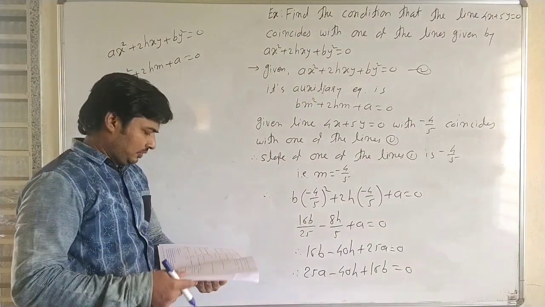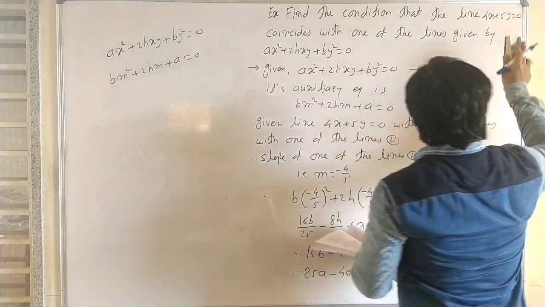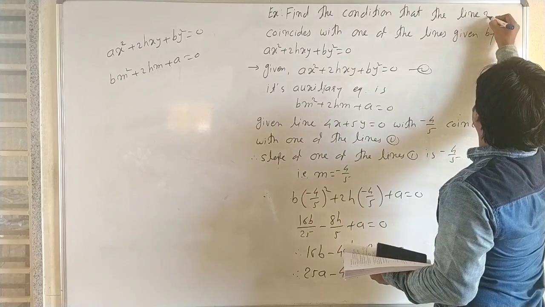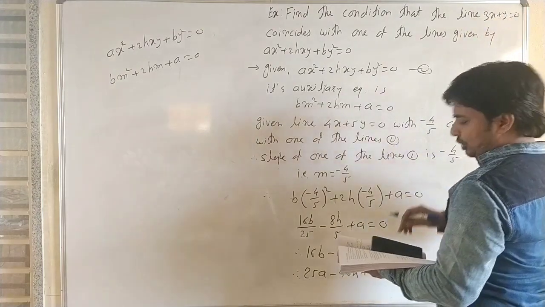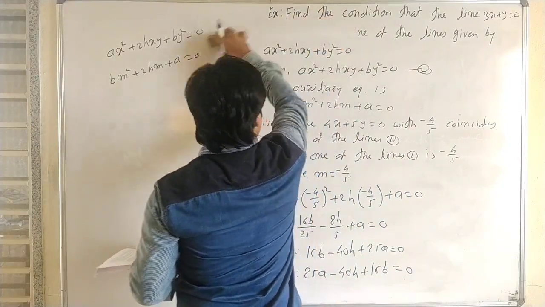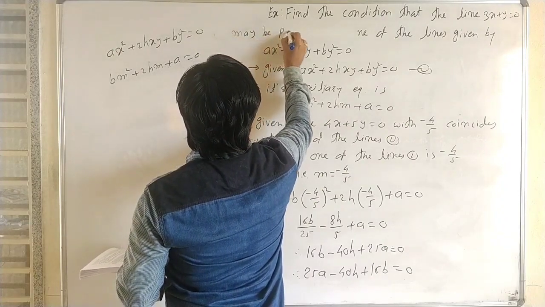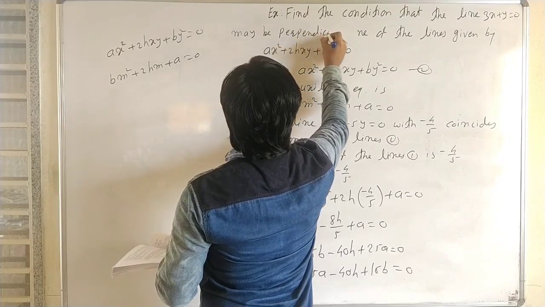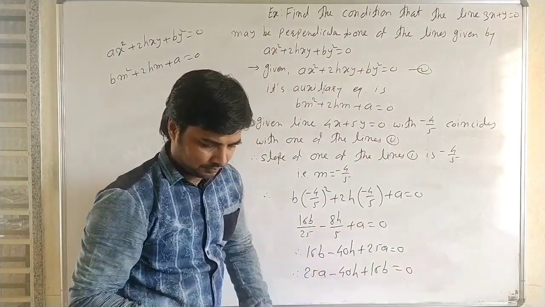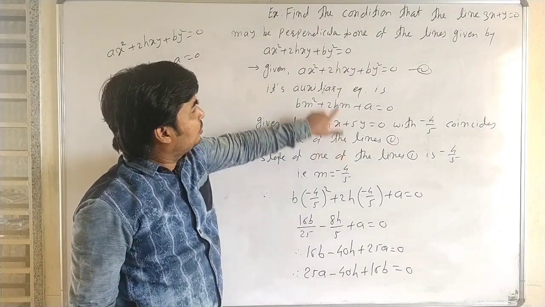Okay. Now next, find the condition that the line 3x plus y is equal to 0 may be perpendicular to one of the lines given by ax square plus 2hxy plus by square equal to 0. Here, in the last example, the line was parallel to one of the lines.